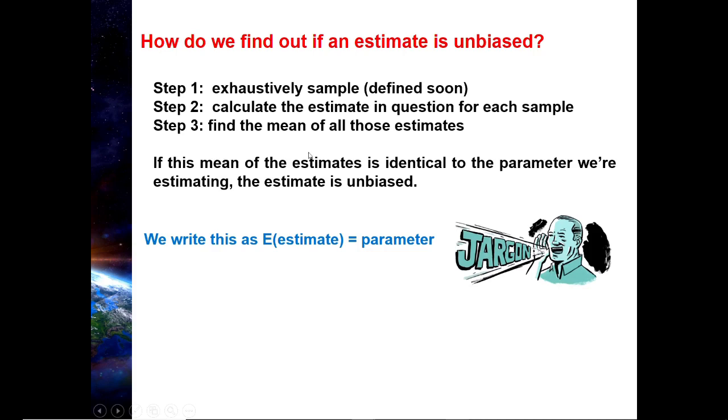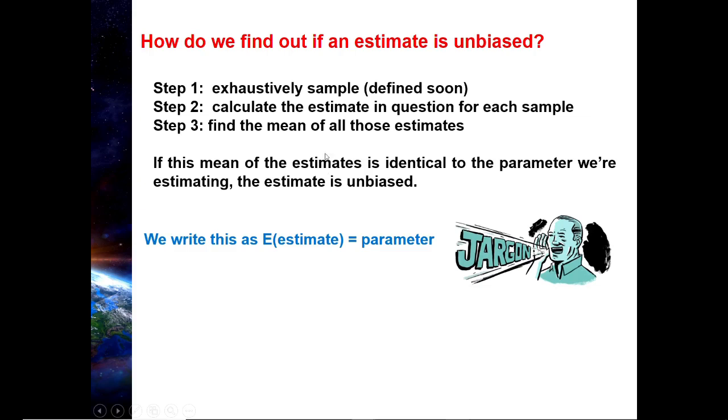So let's say we're not estimating x bars, we're estimating mu. So we're calculating a whole bunch of x bars, right? Because x bars estimate mu. So if we've got a ton of x bars and we take the mean of those numbers, if that mean equals mu, the parameter, then we know x bar is unbiased.